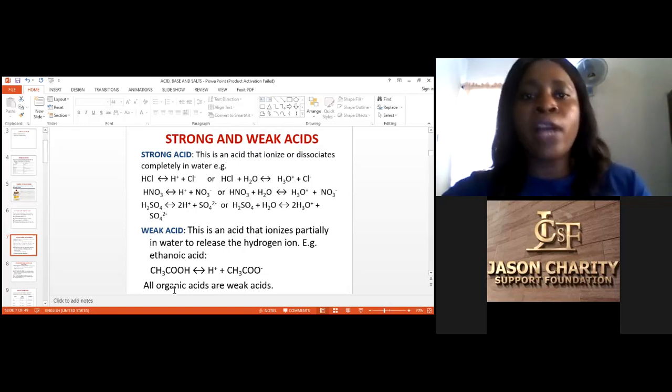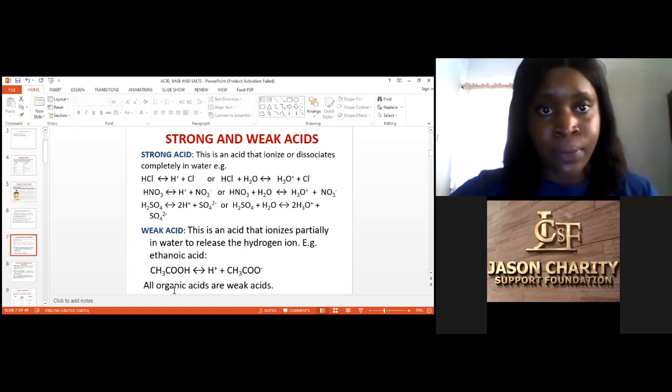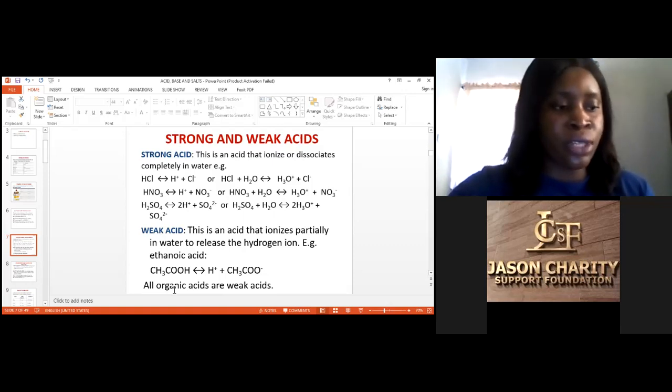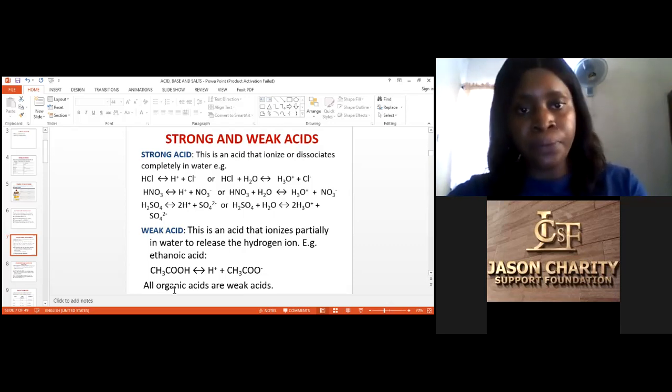Now the strong acid is an acid that ionizes or dissociates completely in water. When we talk about ionization or dissociation, it means the ability of that acid to separate into its component ions when dissolved in water.